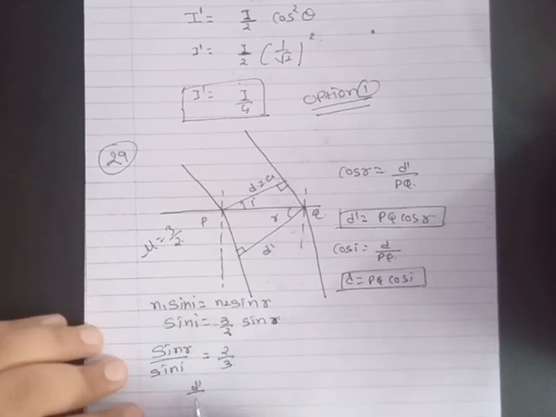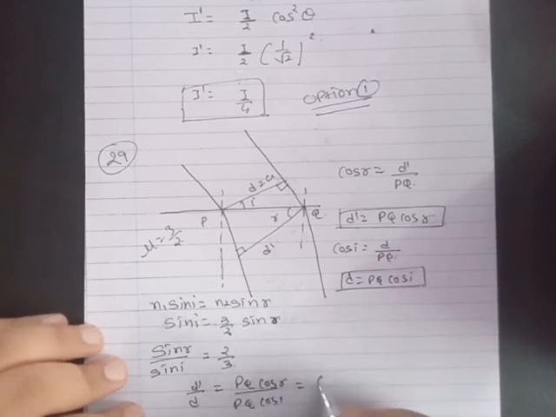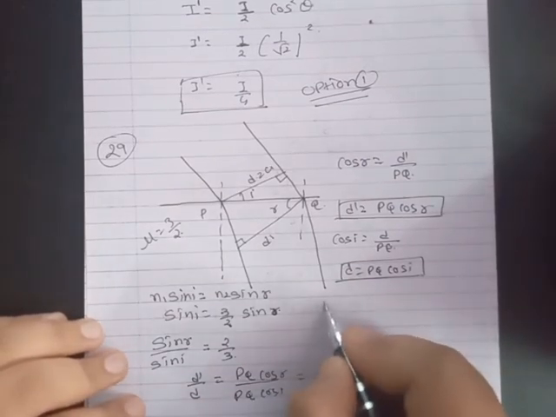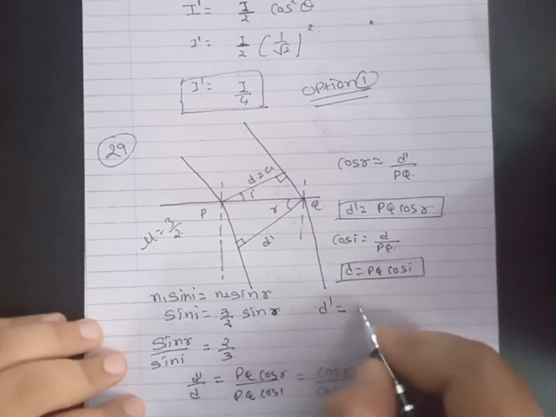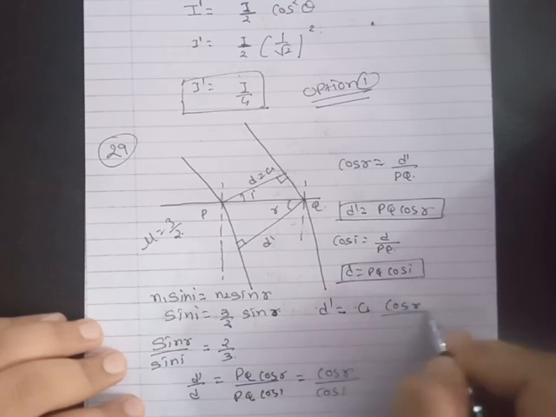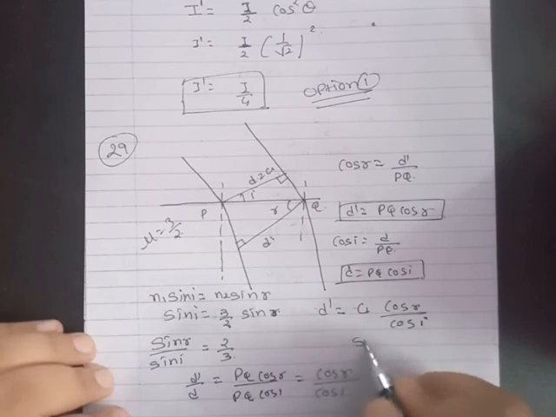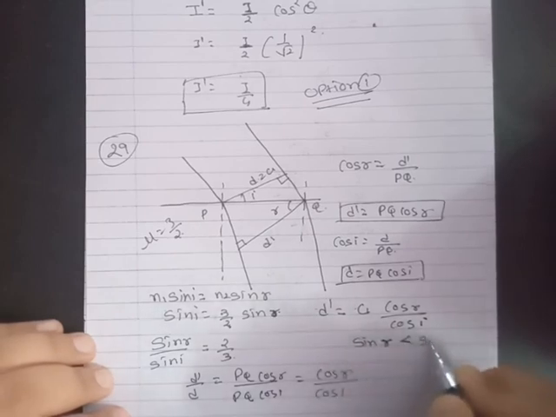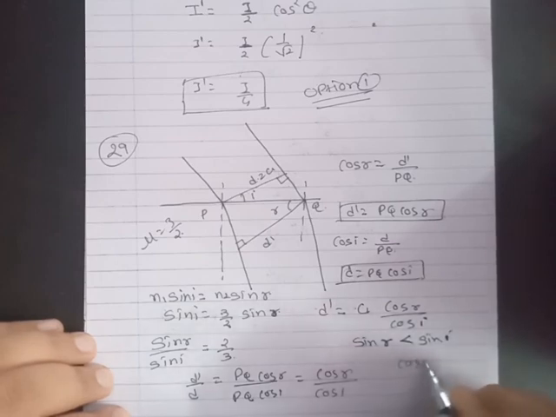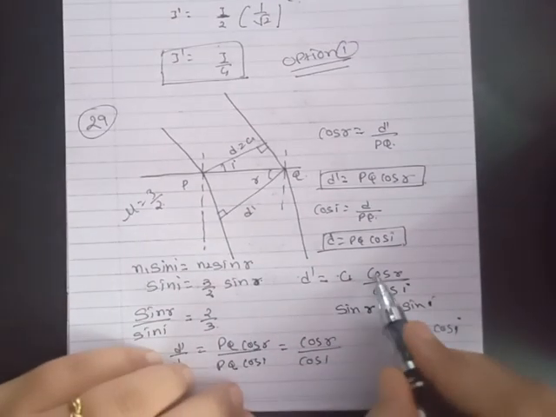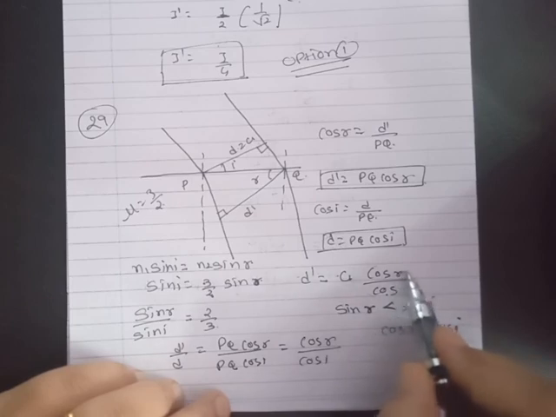Now D dash by D is equal to PQ cos R divided by PQ cos I, that is equal to cos R divided by cos I. So we can write D dash is equal to A cos R upon cos I. Now as sin R is less than sin I, cos R will be greater than cos I. So as cos R is greater than cos I, this ratio will be greater than 1.